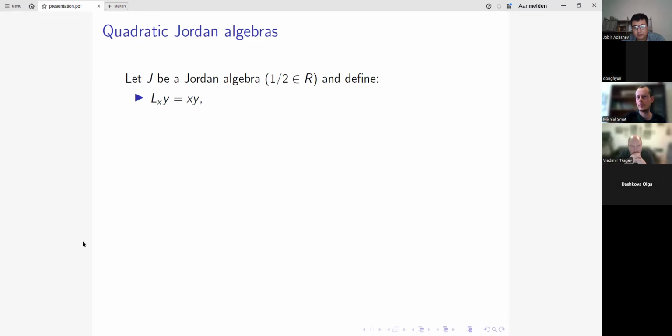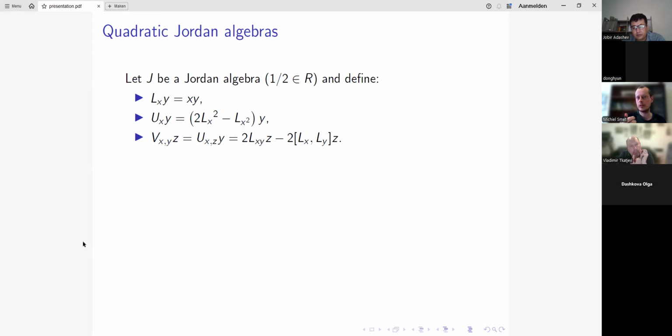So you first define the left multiplication operator, and then you can define the U operator from these left multiplication operators. You can then use the linearization of U to define the V operator.